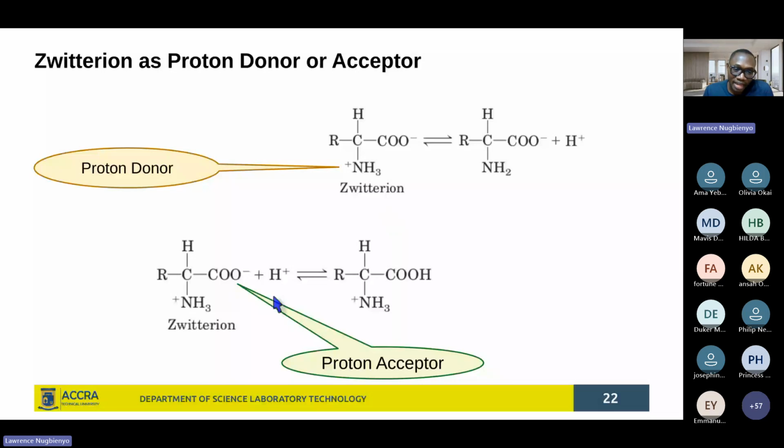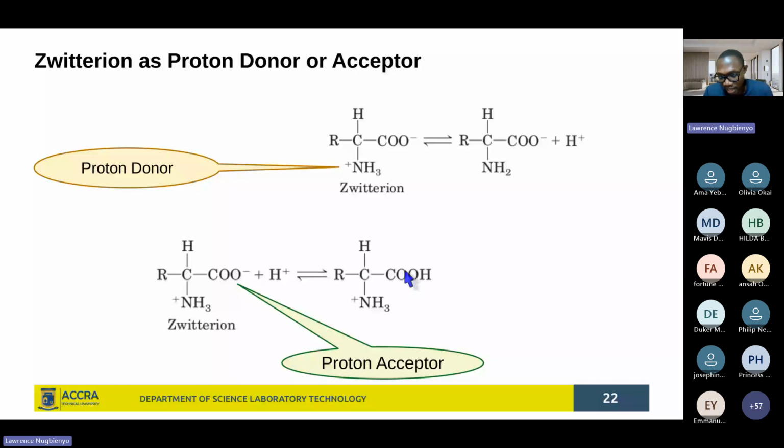Now, the same way, the carboxylic acid group, the COO minus, can be a proton acceptor, which means that in an acidic medium, this carboxylic acid group will accept hydrogen ions and become COOH. And so then you have that carboxylic acid group becoming a non-ionic form. It is protonated. So you now have a COOH.